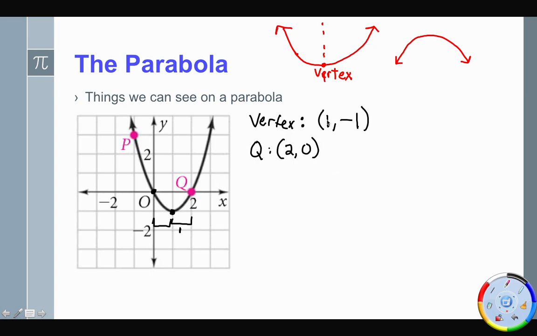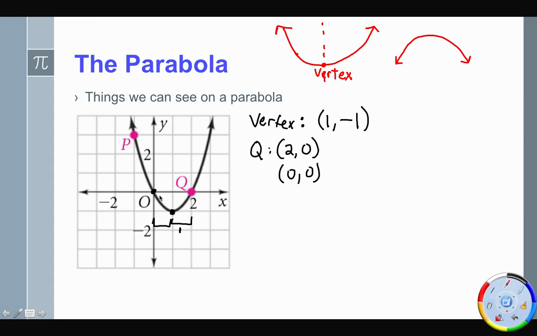Since 1 unit to the right is 2, 1 unit to the left is going to be 0, and the y values are going to be exactly the same in order for it to have symmetry. So showing that we have the point (2, 0) and the vertex of (1, -1), it shows that we have a coordinate also at (0, 0).